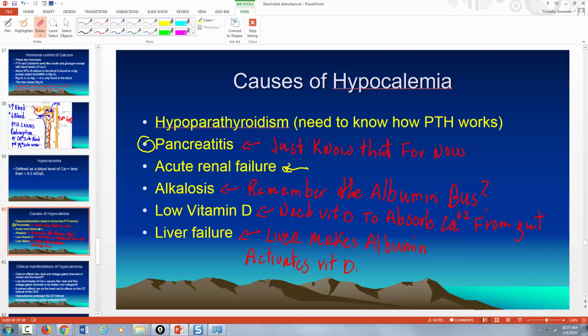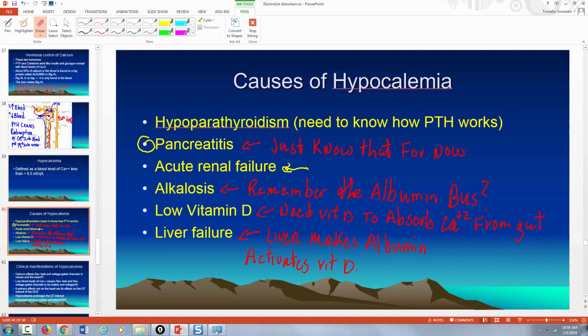And then a low vitamin D, right? People who, like me, because all I do is rock back and forth and make videos, don't get a lot of sun. Exposure to ultraviolet light, sunlight, begins the synthesis of vitamin D in the skin. Then that vitamin D goes to the liver, gets worked on a little bit, and then it goes to the kidney where it's activated.